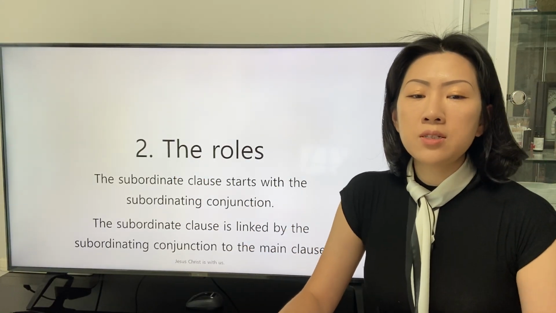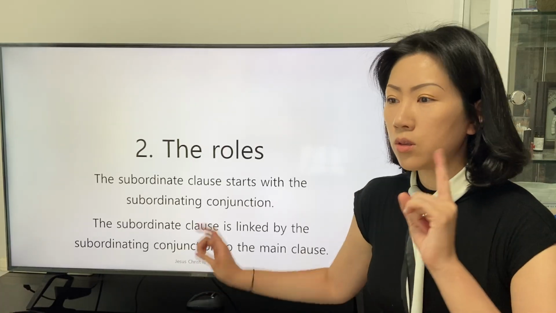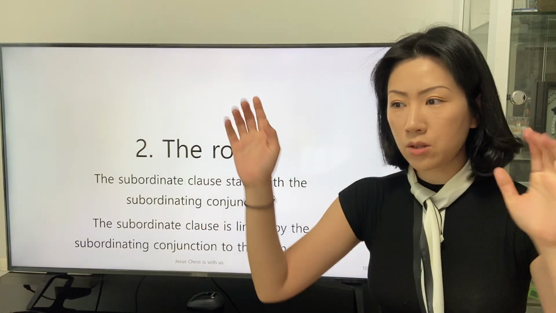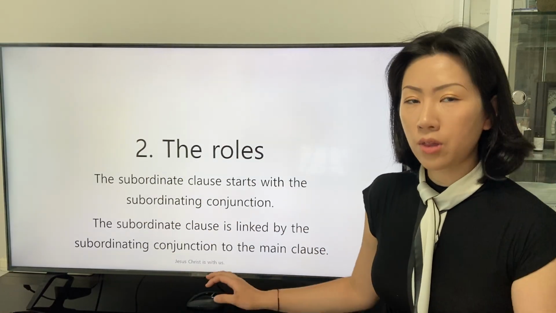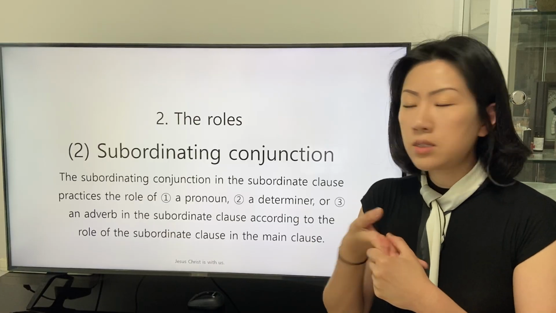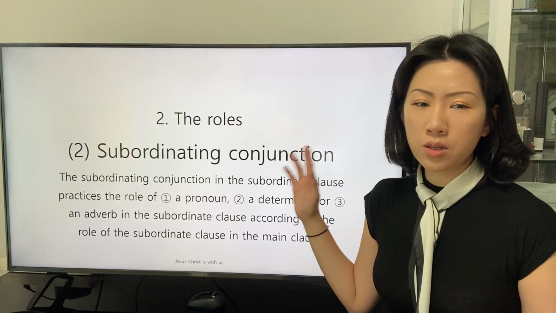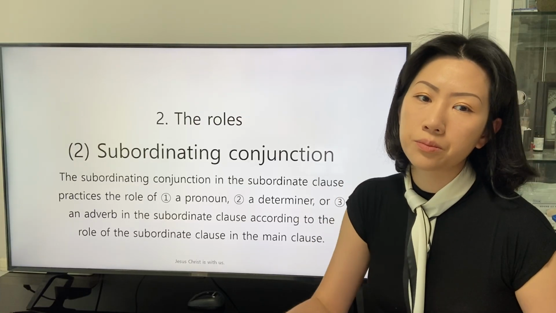The subordinate clause is linked by the subordinating conjunction to the main clause. The clause that the subordinate clause is linked to is called the main clause. These are the roles of a subordinating conjunction.